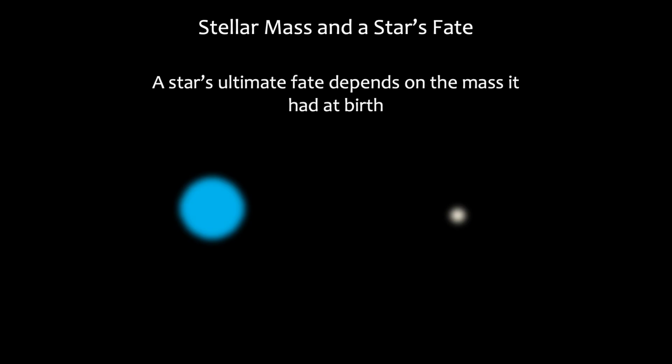Even at the end of its life, when a star runs out of its last bit of fuel and can no longer fuse anything, the star's fate will depend on the mass it had at birth. That is, how much mass it accumulated as it formed into a protostar. So its fate is already determined. Literally the saying, the fate is already written in the stars.